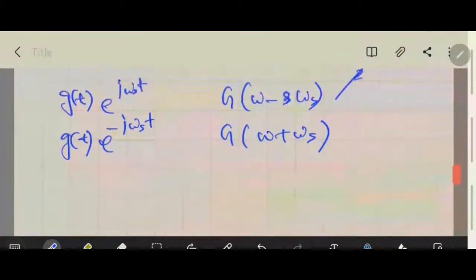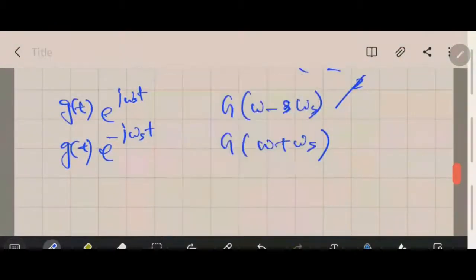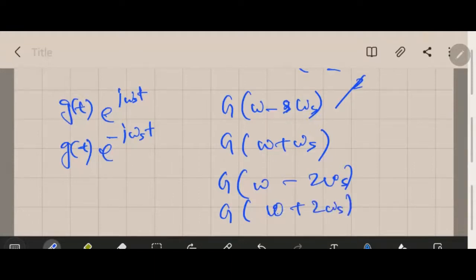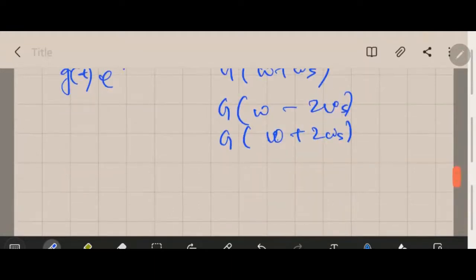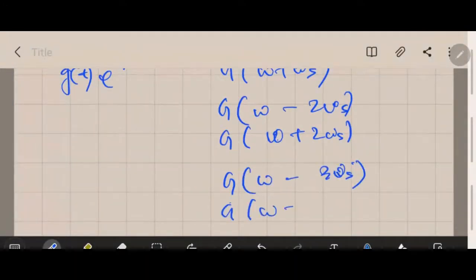That means we will be getting these spectrums, which will be g of omega minus 2 omega s, g of omega plus 2 omega s. Similarly, for the 3 omega s term, we will be getting g of omega minus 3 omega s. Similarly, g of omega plus 3 omega s. In this way, we will be getting so many terms up to infinity. We will be getting infinite number of such terms.